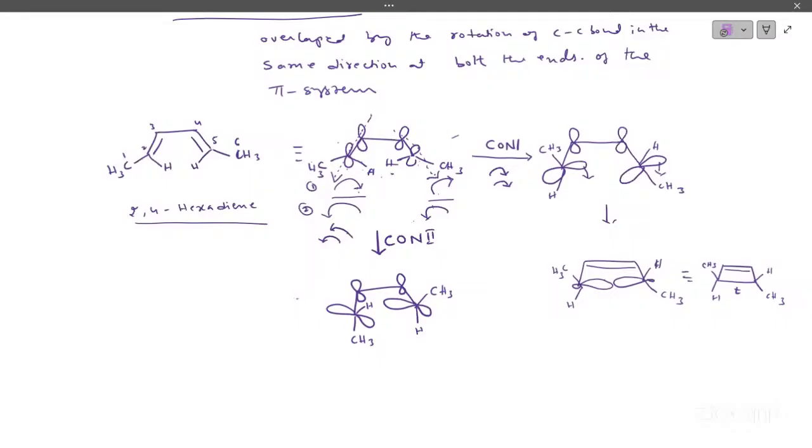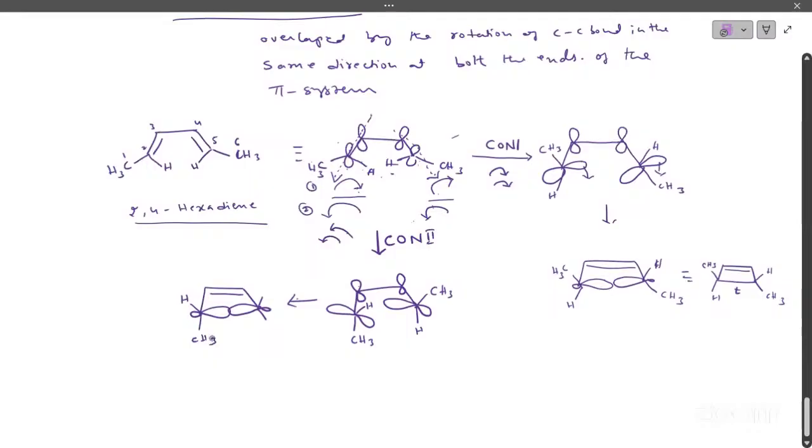After formation of the product, after completion of the reaction, you can observe like this. These are the attached bonds, and this is the pi bond between these two orbitals. Now, after complete rotation and formation of the sigma bond between C1 and C4, this is the arrangement of the substituents at C1 and C4.